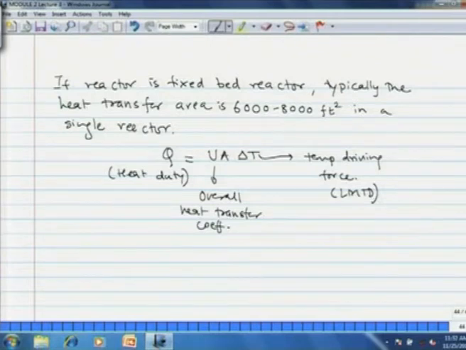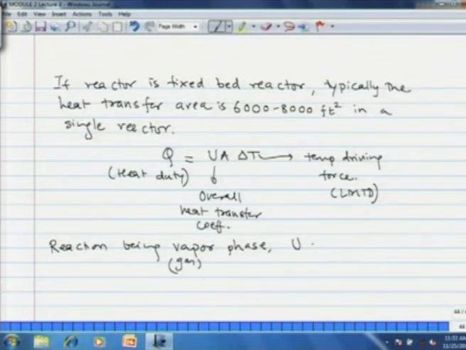Okay. Now, if the reaction is a vapor phase reaction, the overall heat transfer coefficients that can be achieved are limited. For example, for a vapor or let us say gas phase reaction, the typical U that can be achieved is about 20 BTU per hour per feet square per degrees Fahrenheit.